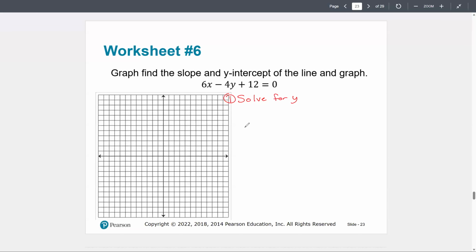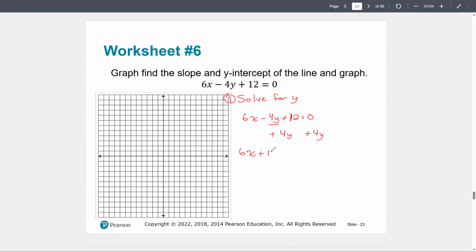So like I said, it would be easier if I had slope and y-intercept first. So if I solve for y, I have 6x minus 4y plus 12 equals 0. If you wanted to make it easier, you could just move the 4y. So I can add 4y to both sides.